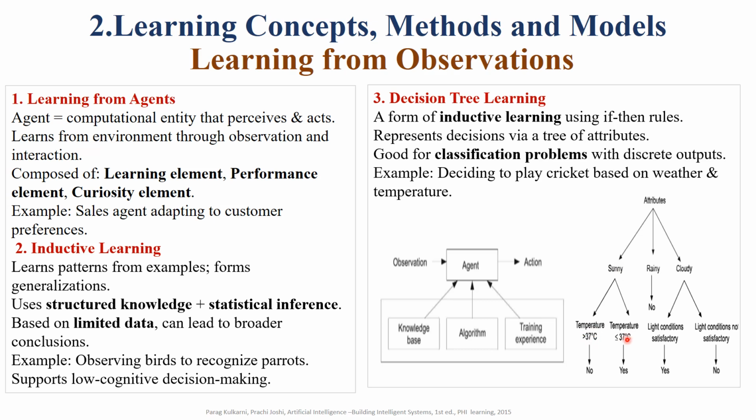Based on the temperature, we decide whether we are going or not going. You look at here, this is rainy. If it is rainy, the decision is no, we are not going to play cricket. So this is a decision tree that is formed. These three come under learning from observations.